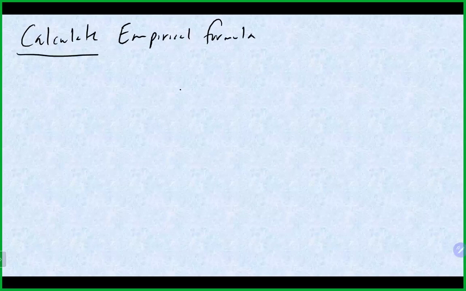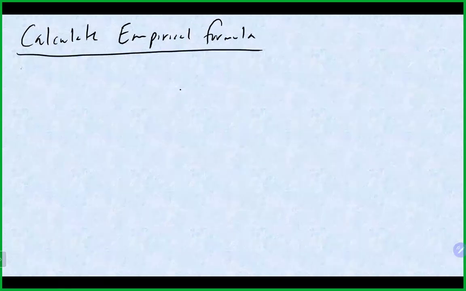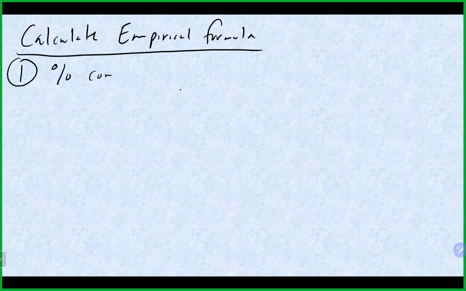And to actually calculate the empirical formula, if you are not given the molecular formula, there are a few steps that you want to do, which we sort of talked about the other day. The first thing you want to do is take whatever they give you and get it into grams. Very commonly, if you have the percent composition by mass like we just were calculating, you could assume 100 grams.